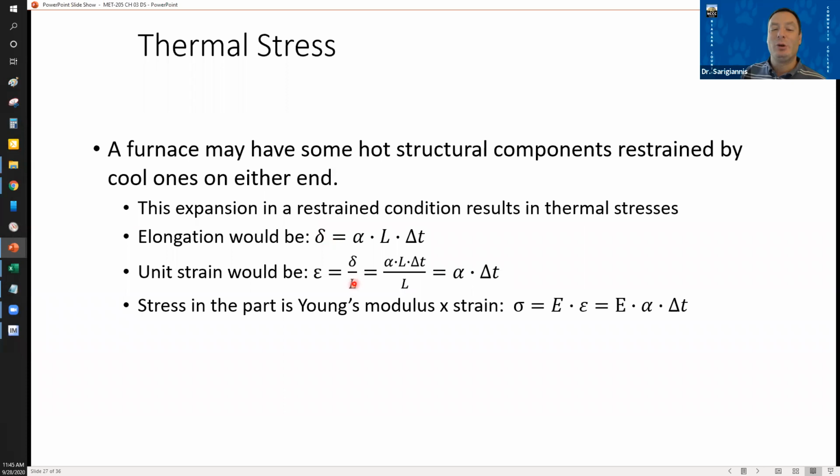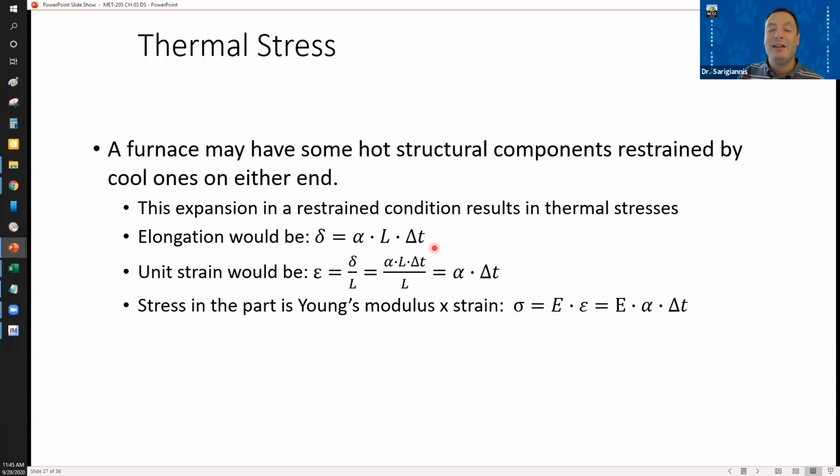If you put these two equations together, you see that strain is basically alpha times the change in temperature, right? The L's cancel out. And we can relate strain to stress through Young's modulus. The stress is just Young's modulus times the strain.